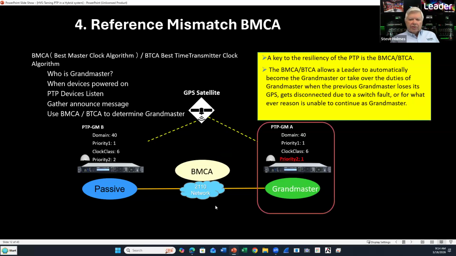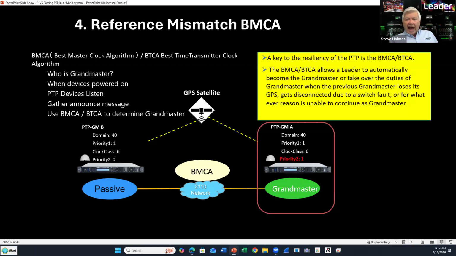The BMCA will take over and say, yep, you're going to be the grandmaster, you go passive. And this unit will be running, but it will be passive as far as the PTP is concerned. And the grandmaster over on the right-hand side here will take over, because his priority two is lower than his priority two.